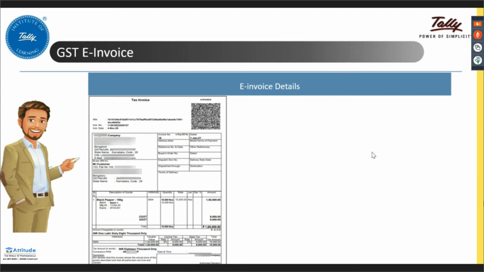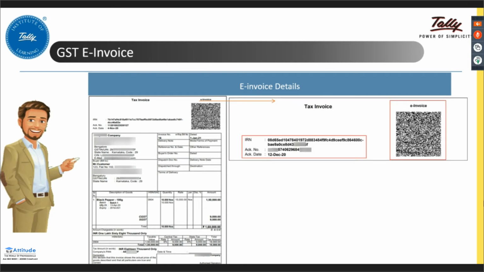If you are all able to see the tax invoice screen, this is how the e-invoice will look. Here I have captured a screenshot to help you understand how the e-invoice will look. In the first part of the tax invoice, we could see the IRN, that is the invoice registration number, with almost 64 digits, which is alphanumeric.